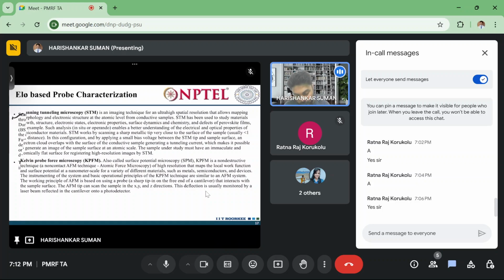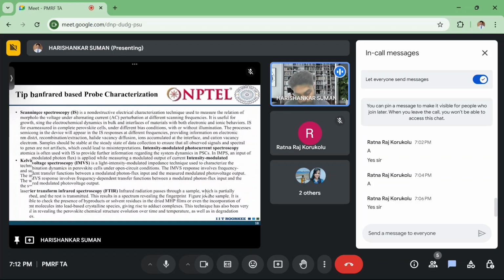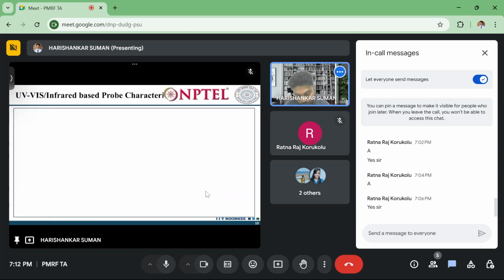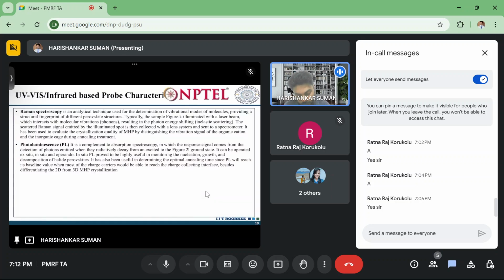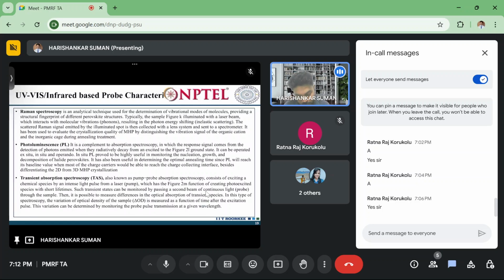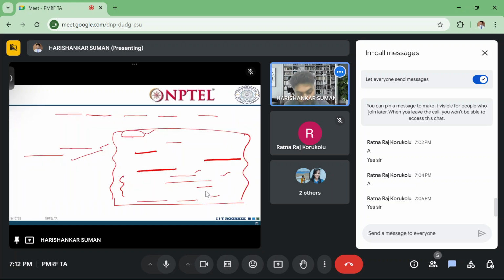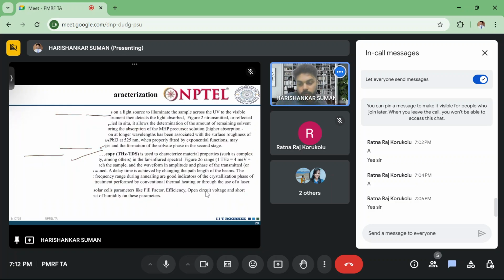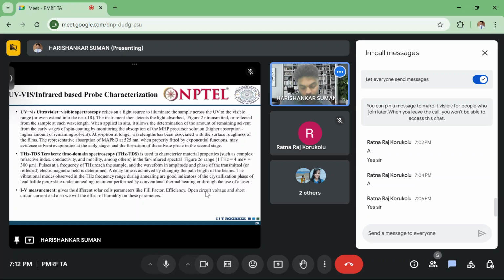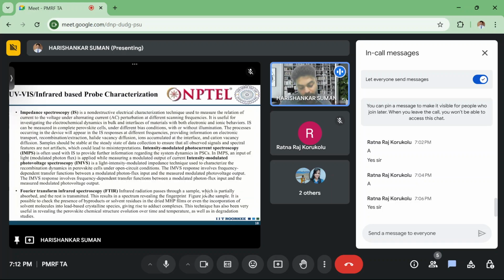Scanning tunneling microscope, Kelvin probe microscope, impedance, Fourier transform FTIR, Raman spectroscopy, photoluminescence PL, and transient absorption TAS. Okay, so please read by yourself. I will upload this slide. This is material characterization.